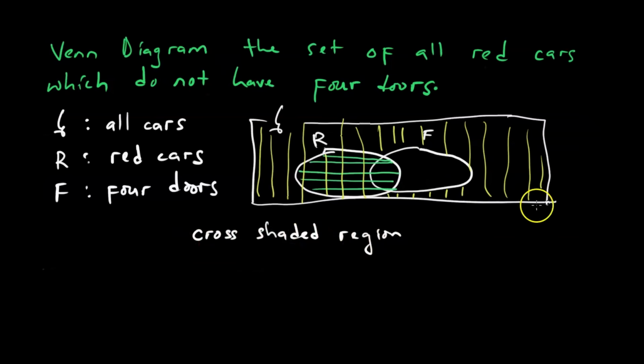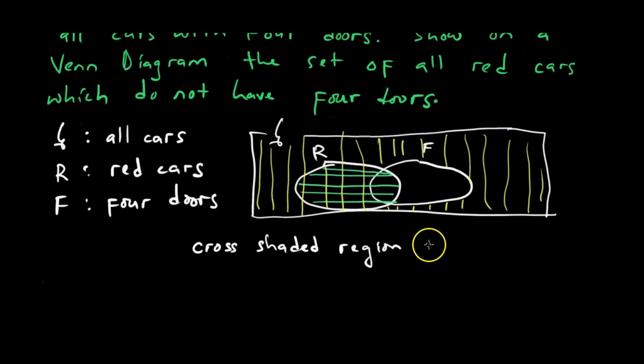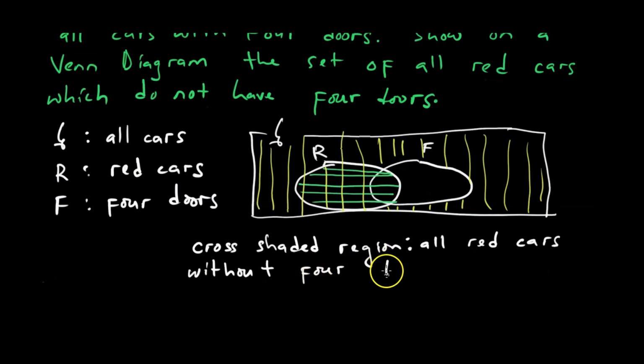This cross shaded region is actually representing all red cars without 4 doors, like this. So that is what we do.